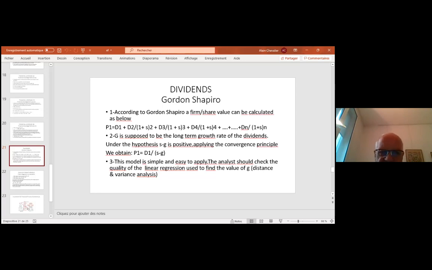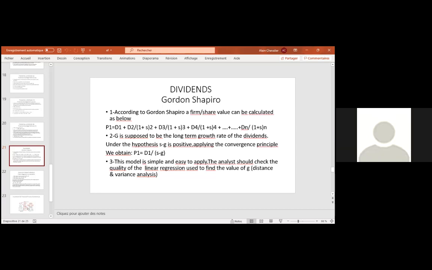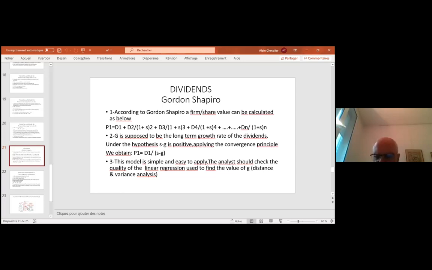But we can simplify. This formula, this model, is very difficult to use as it is, just because it's very difficult to find a good forecast of a dividend in 5 or 6 or 7 years from now. So we have to make our hypothesis and try really to have a formula, a model, which can be used in practice.